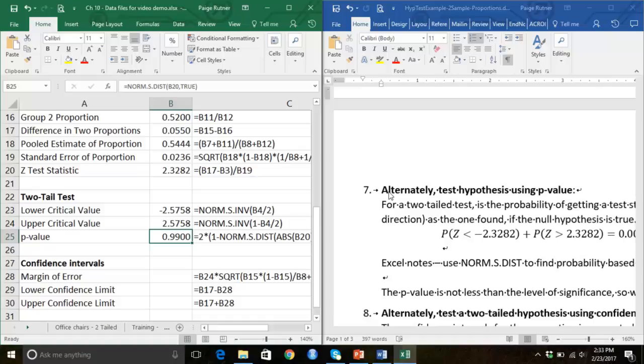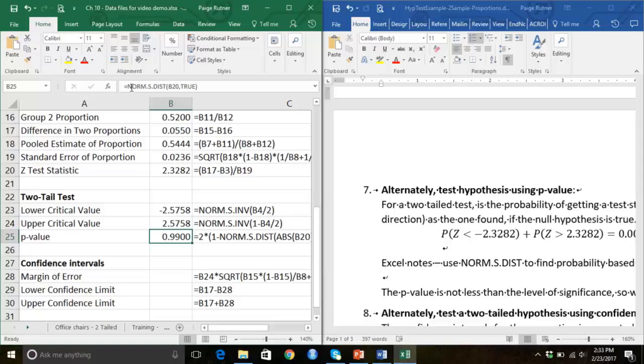And what that represents is the cumulative probability, or in other words, everything to the left of the test value of z that I got, everything to the left of 2.3282. Now, that's not exactly what I want. What I really want is everything that is more extreme, not everything to the left.